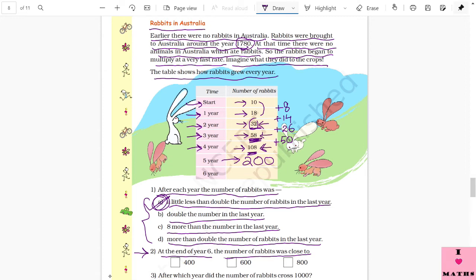Now double of 200 is 400. So in the 6th year, the number of rabbits will be close to 400. So the answer is this. At the end of the 6th year, the number of rabbits was close to 400.